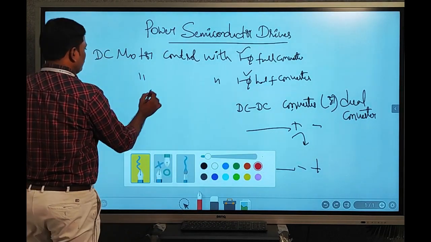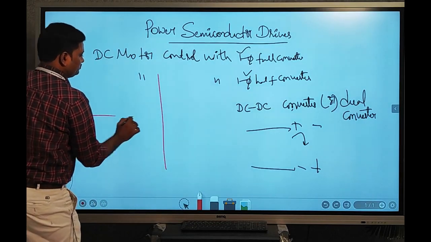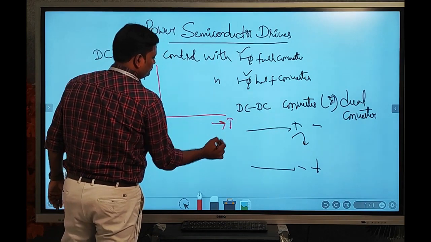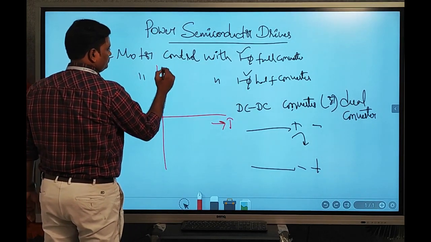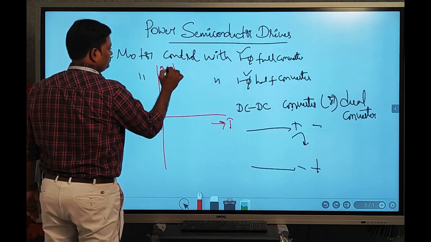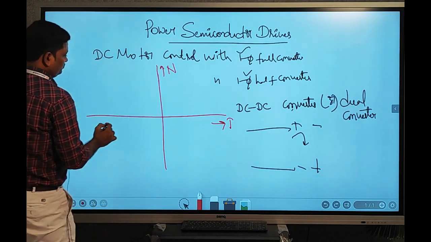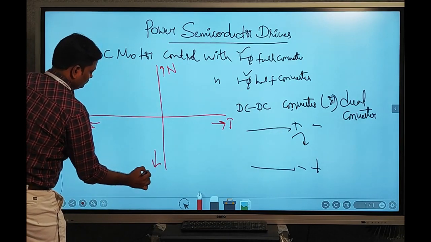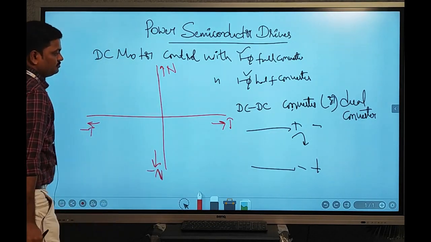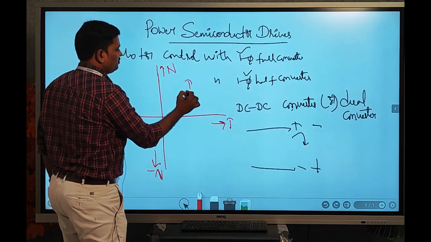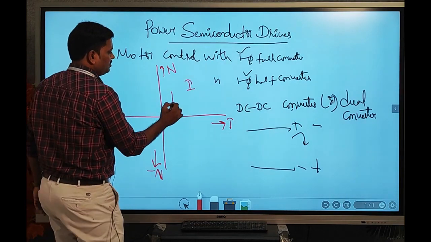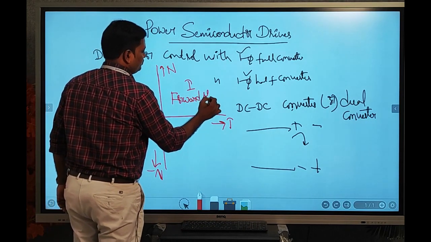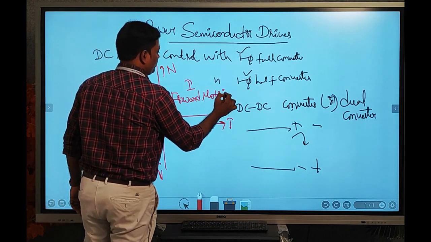If you see the 4 modes, this is the first mode where I can say it is forward motoring.